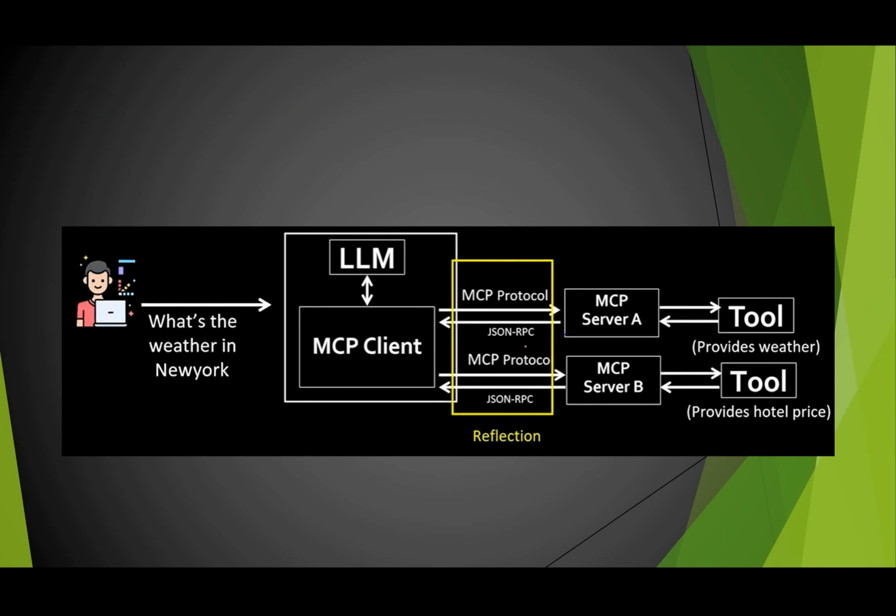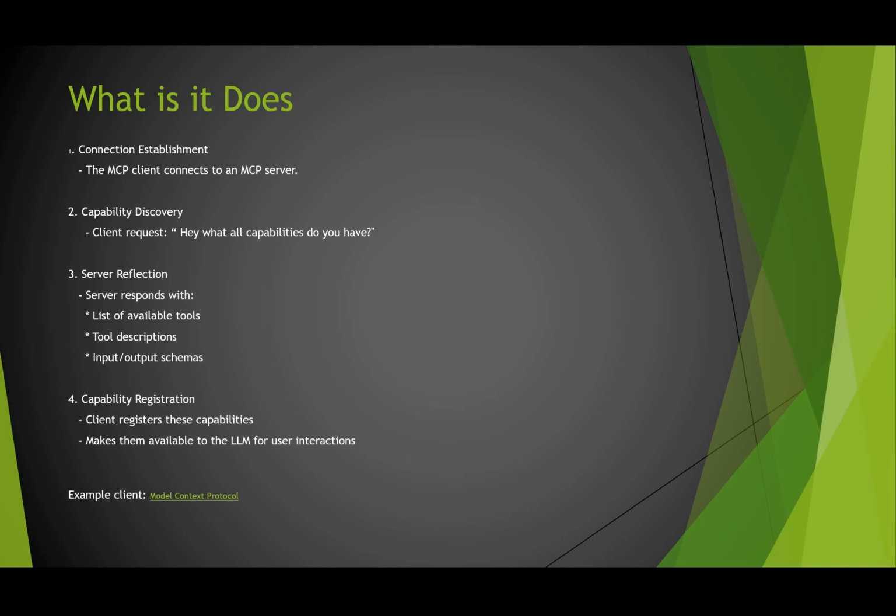So basically, what it does, these reflections we have discussed so far. It does the connection establishment. So MCP clients connect to an MCP server. It does connection establishment and capability discovery, right? Because it asks, hey, what all capabilities do you have? So it's a client request.